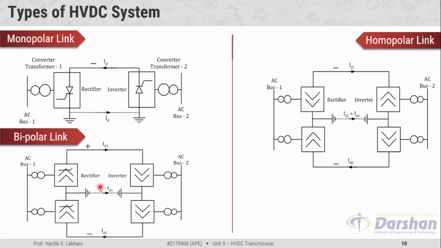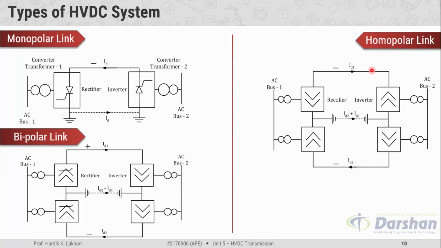For these two links, we need two rectifier units at the sending end side, and two inverter units at the receiving end side. Similarly, we need two converter transformers at the sending end side and two converter transformers at the receiving end side.